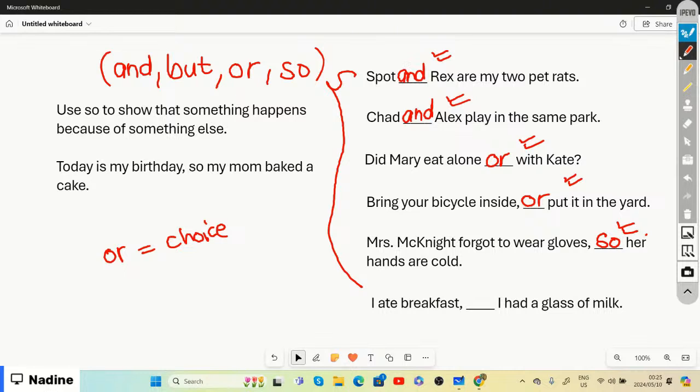These two are going together. It's like saying you have your breakfast over here, and next to your bowl of porridge, you have your glass of milk. So I have my bowl, glass of milk.